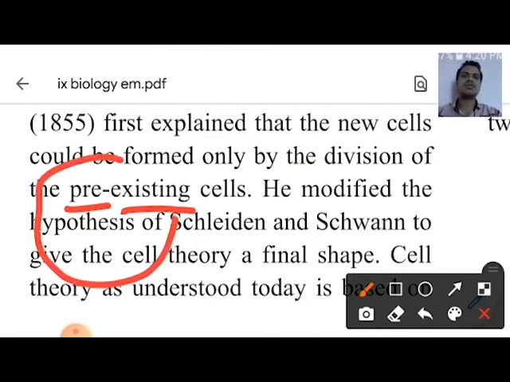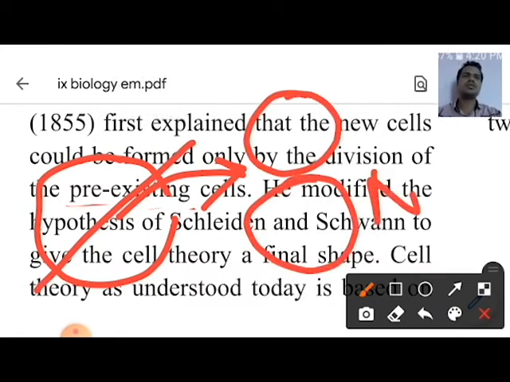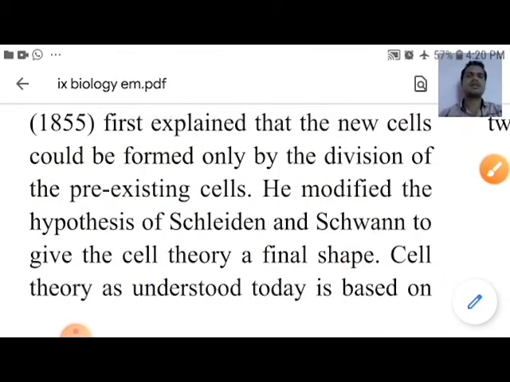Now it is clear that old cells convert into new cells, that is, old cells divide into two and form new cells. This theory was proposed by Rudolf von Virchow, and he modified the hypothesis of Schleiden and Schwann to give the cell theory its final shape. Virchow gave a proper justification to the Schleiden and Schwann explanation.